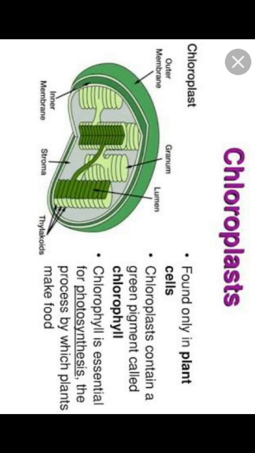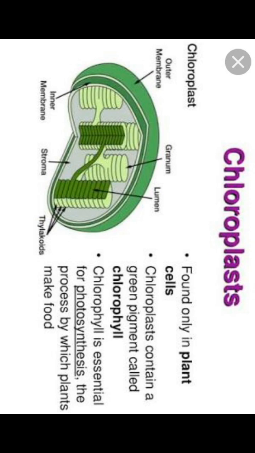For example, I would like to bring two important examples to your notice, which are very important for the NEET examination. Let us take Chlamydomonas. Chlamydomonas is a unicellular organism. Since it is single celled, only one chloroplast is present, so it is an example of one chloroplast per cell.